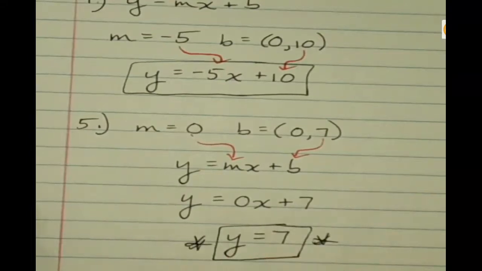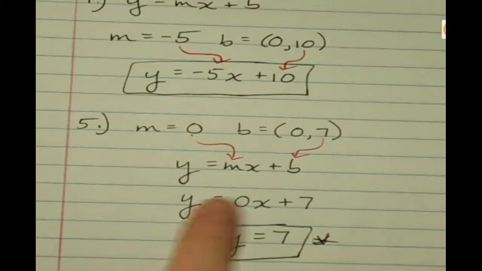If you write 0x, it technically would have to be wrong. Now, yes, we can sit there and say, well, common sense, there's no slope. Okay, you're right, you're absolutely 100% correct.